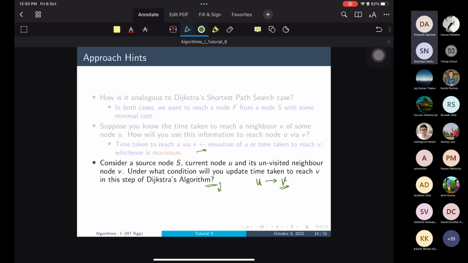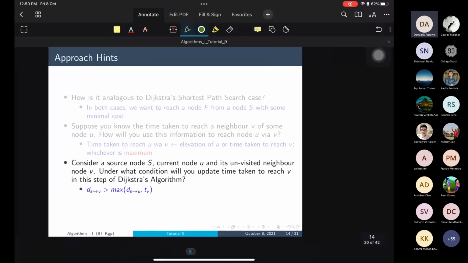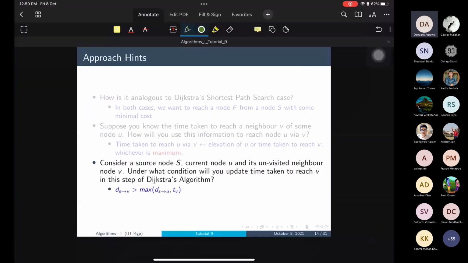Did everyone understand what it said? If you can repeat again. Okay, so he said that suppose we know the previous distance to reach V is dsv.